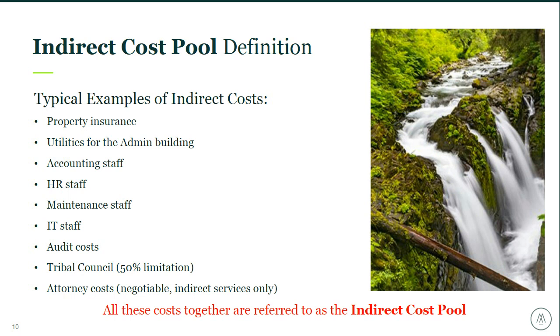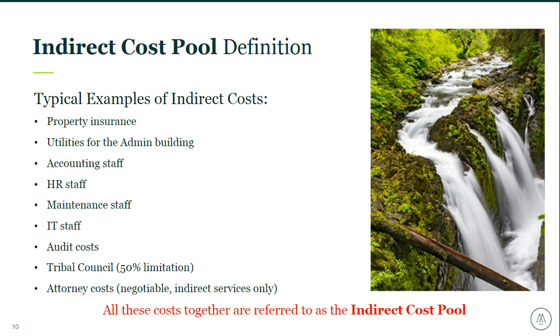We also get a lot of questions on attorney costs, and certain attorney costs can be included. You can try to negotiate with the Interior Business Center on that, but again, it's really wanting that detail on how much time and effort your attorneys are really spending on things like negotiating grant agreements and reviewing contracts and things that benefit all programs, not on specific claims, again, or economic development or other areas that likely wouldn't meet the definition of indirect.